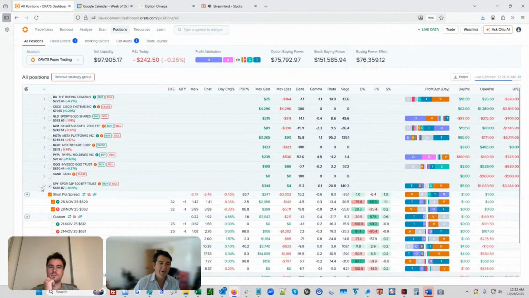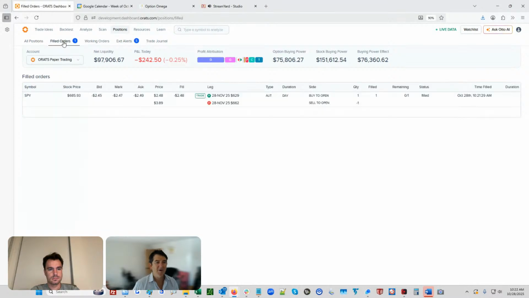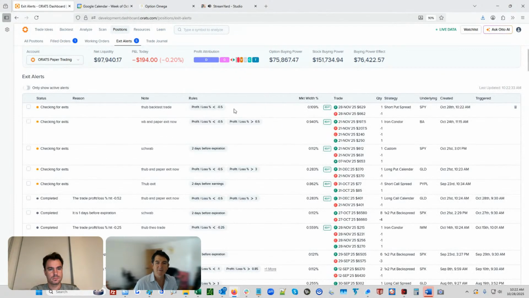Also with paper trading, we have the trade journal, so I could check that out. We could see in my filled orders what the prices were. We could see in my alerts that there's a short put spread on this particular day for this particular trade, Tyler.